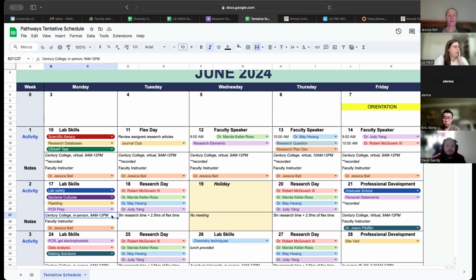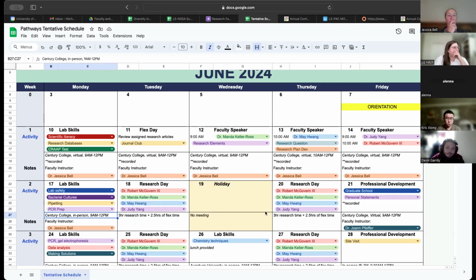If you're available after that to go to your research lab, you're welcome to do so. We just don't want you to go over the 20-hour time commitment. That's not equitable or fair to you, so we want to be respectful of your time.